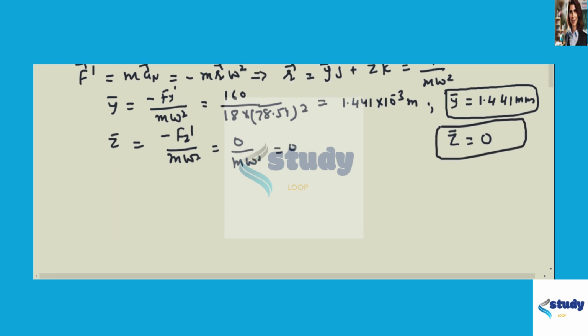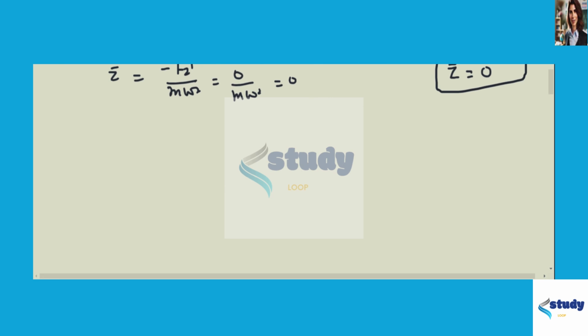Now we can find the angular momentum about C. It would be Ix omega i cap minus Ixy omega j cap minus Ixz omega k cap.